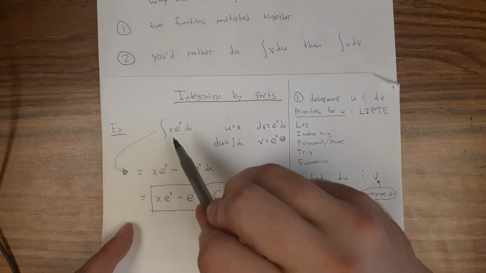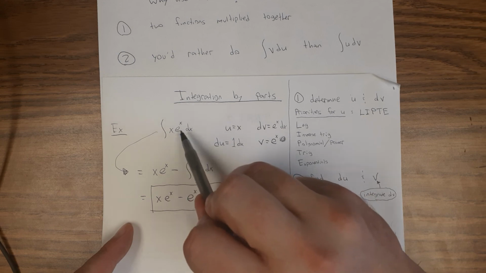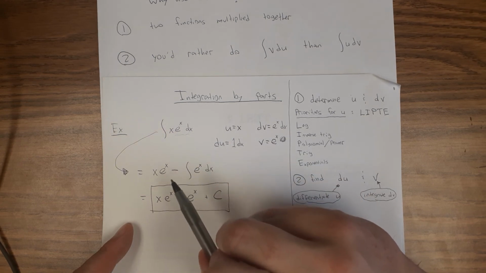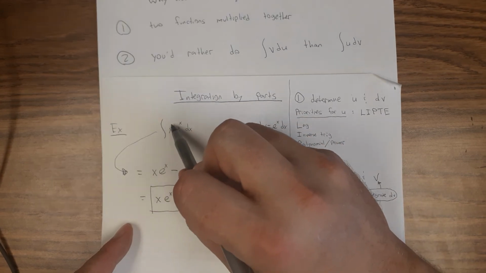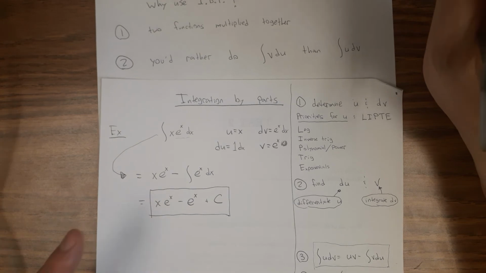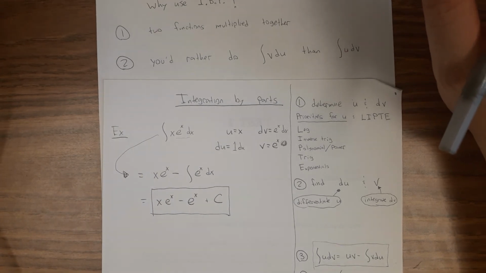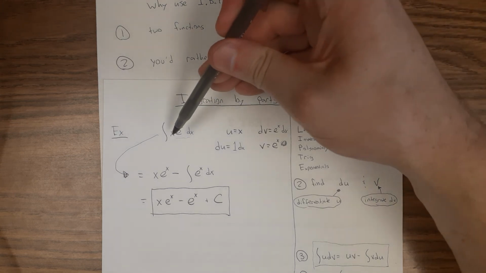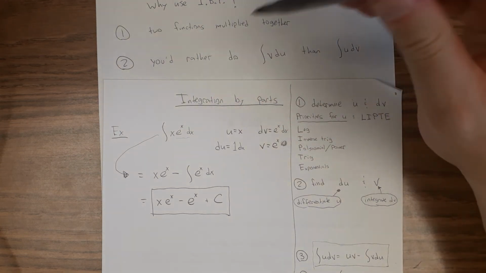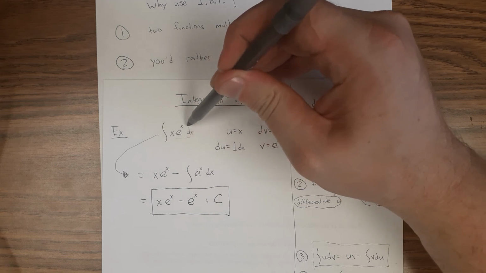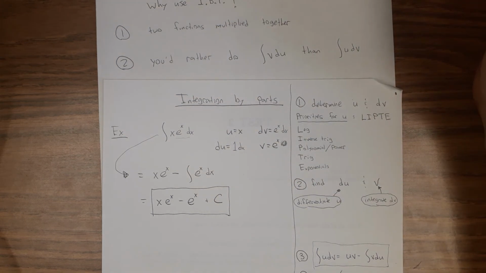Meaning that I'm looking at this integral, I'm picking it apart into two parts. One of them's u and one of them's dv. As it turns out, u was this and dv was this. And you can look one step ahead and say, if I did the derivative of this part and the antiderivative of this part, then what I would get is friendlier than what I started with.